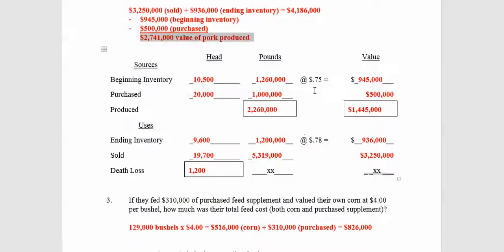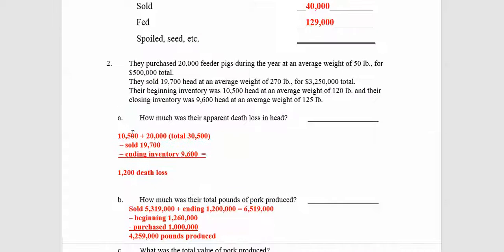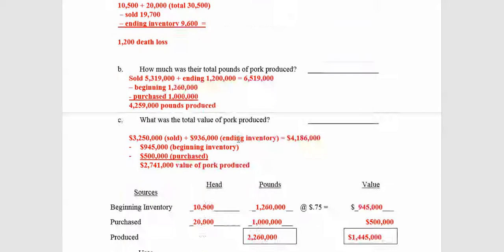Okay, so let's look at some more calculations for analysis. If we fed $310,000 of purchased feed and supplement, and we valued our own corn at $4 a bushel, how much was their total feed cost? So both corn and purchased supplement. Well, we already figured in the first problem up here that we fed 129,000 bushels of corn.